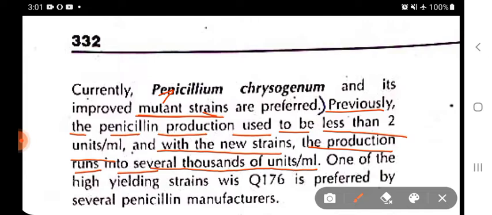Now this mutagenesis is purely a matter of chance, because the mutation that we have done in Penicillium chrysogenum may or may not be beneficial.